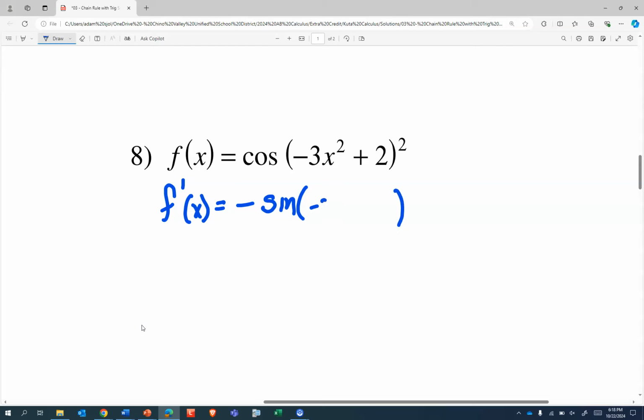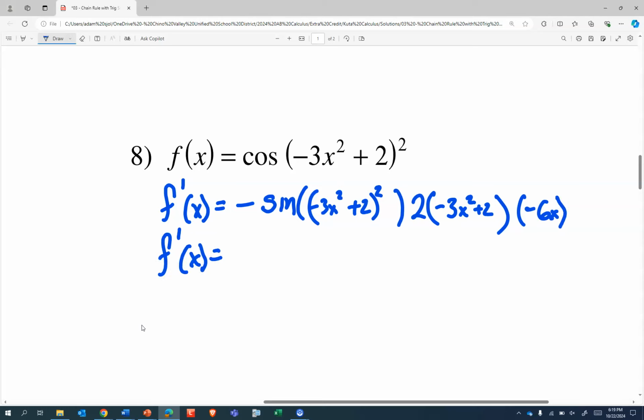And that input is negative 3x squared plus 2, squared, which has a rate of change of 2 times stuff. And that stuff is negative 3x squared plus 2, which itself has a derivative of negative 6x.